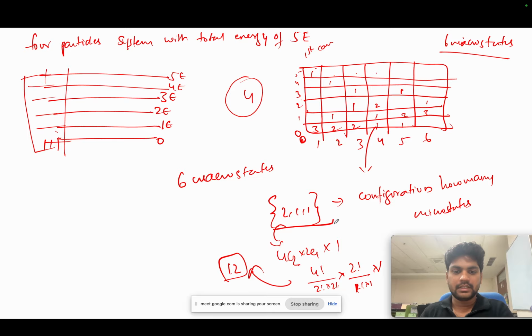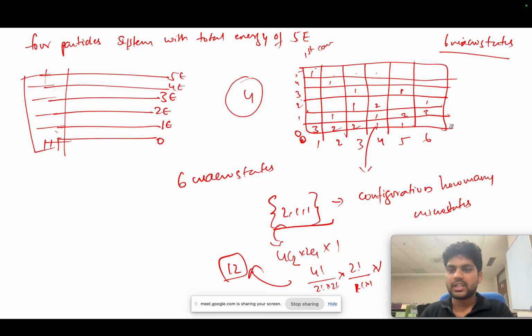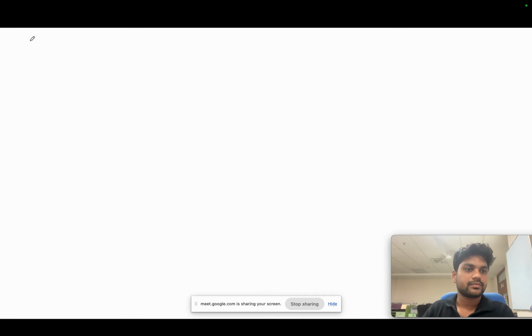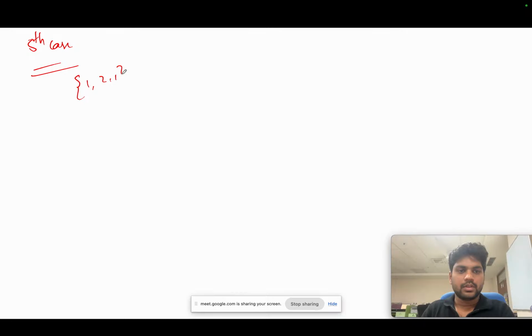Once this is done, we can find it for the others also. Suppose I take the 1, 2, 1 condition, the fifth case. Here also you need to keep one molecule, 4C1, and then 3C2, and then you have one molecule left.